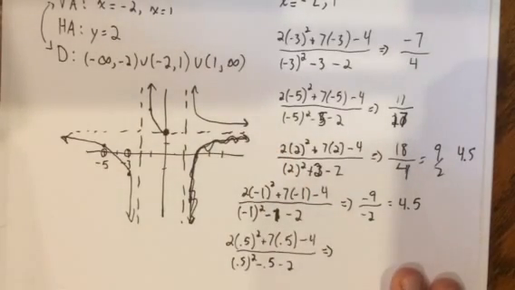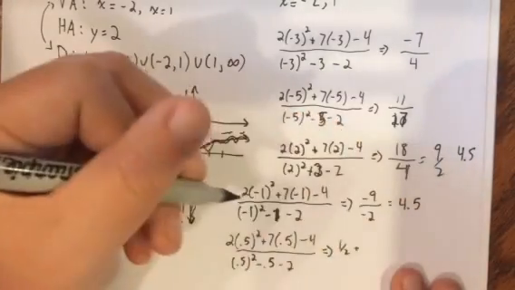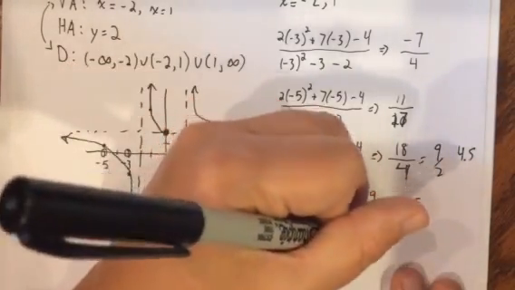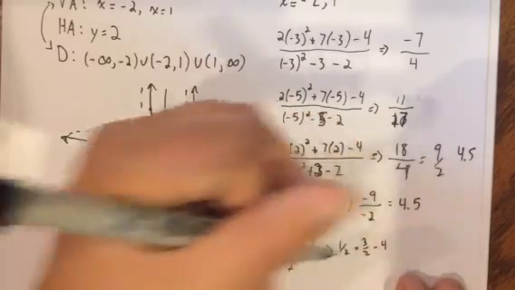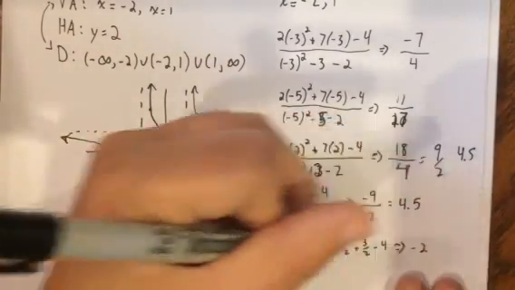So I am going to get 0.5 squared is 1/4, so 0.25 times 2 would be 1/2, plus 7.5 would be 3/2 minus 4. So 2 minus 4 would be negative 2.